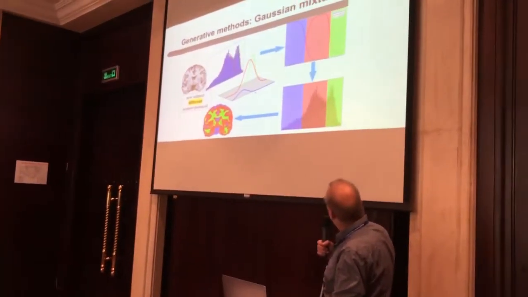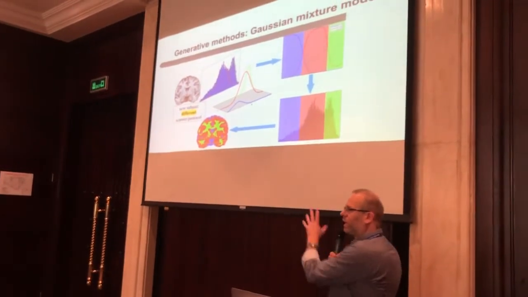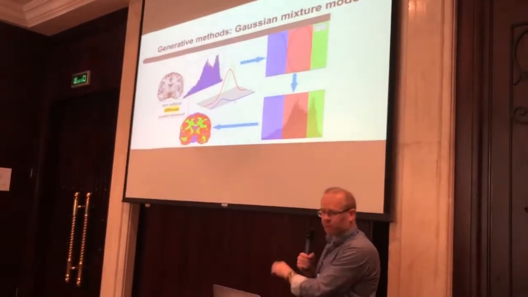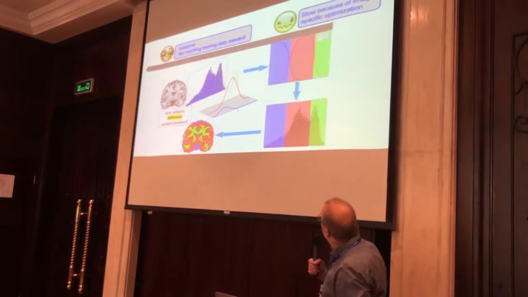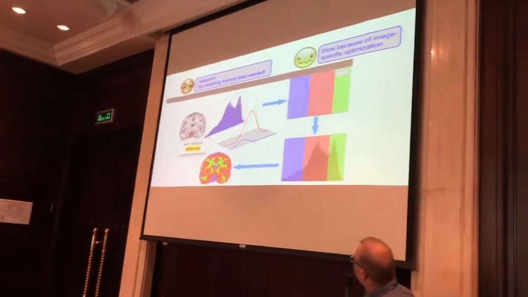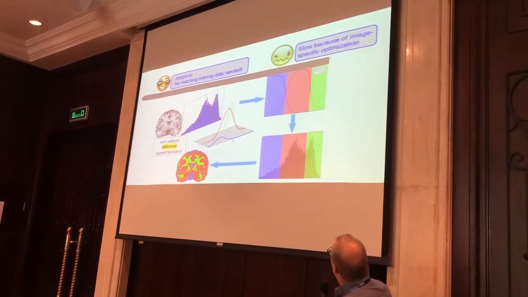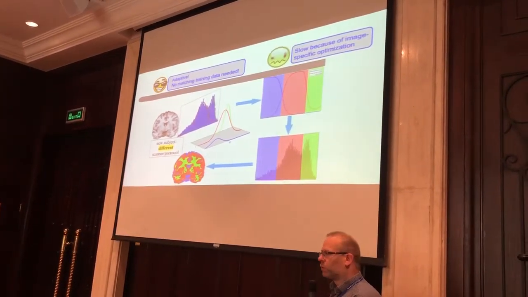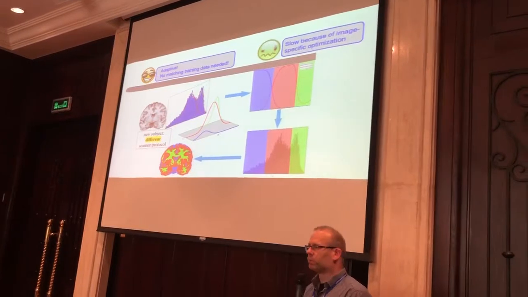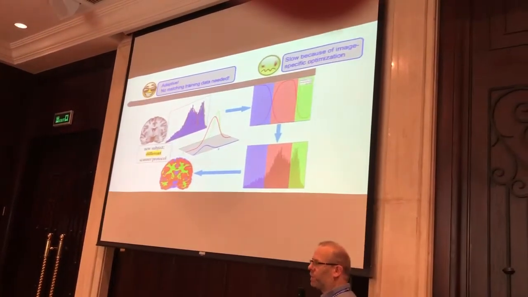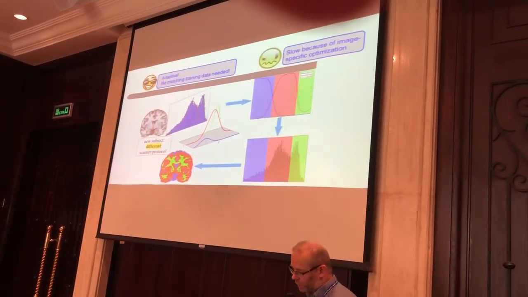And once you do that, you have a dedicated classifier for every single patient. So there's good news and bad news. The good news is that it's adaptive, so you don't need much training data. The bad news is that for every individual case you have to optimize your model parameters, and that is slow. That's the main drawback, I think, of these methods.